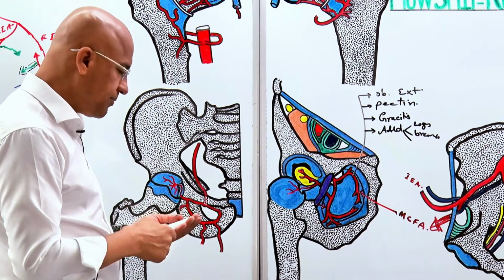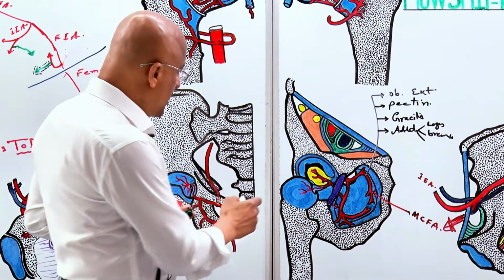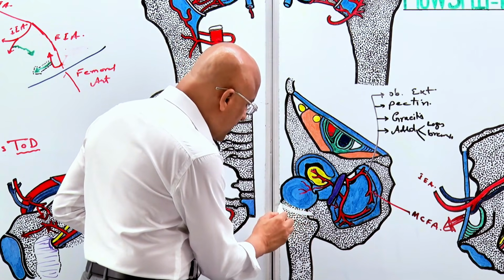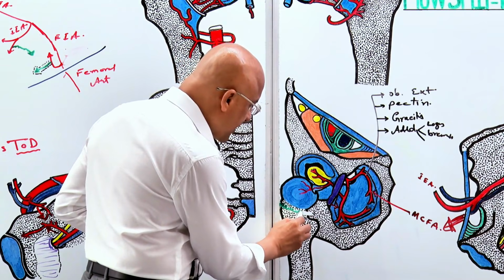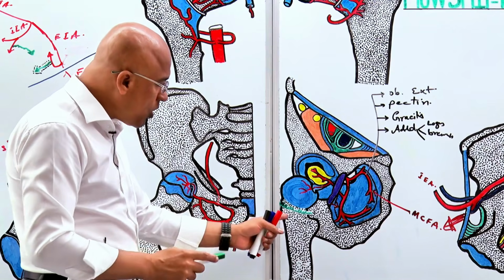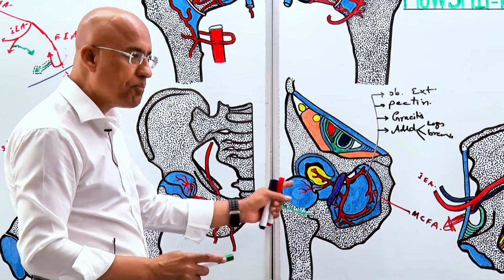In children, right, this part of the bone is growing, the growth plate, epiphyseal. This is the growth plate. So no blood supply can come from down to up.